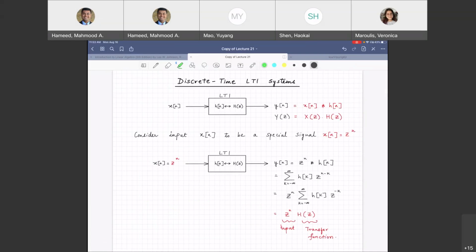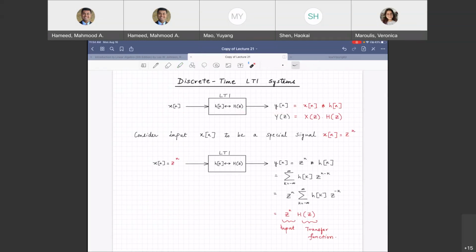Talking about discrete time LTI systems, the response of LTI systems maps exactly the same as the response of LTI systems with the conversation of Laplace. X of n, discrete input. H of n, discrete impulse response. H of z, transfer function of the discrete LTI system.